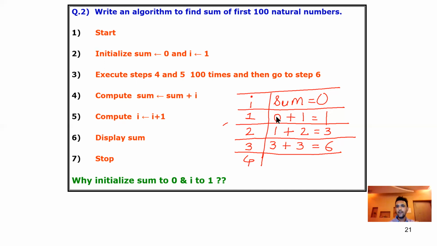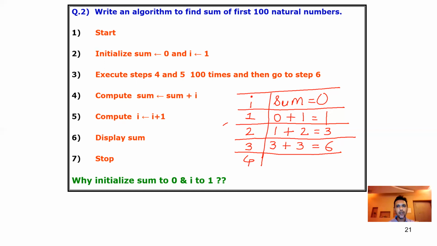In our case, sum is initialized to 0. But if sum is initialized to 78, then 78 plus 1 will be 79, 79 plus 2 will be 81, 81 plus 3 will be 84. So basically, we'll get the wrong answer. Listen to my next statement, which is very simple and is mathematics. 0 does not affect the result of addition.